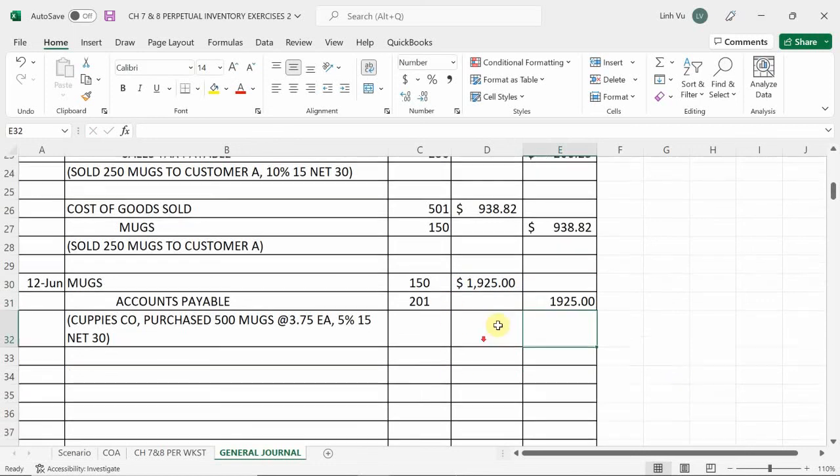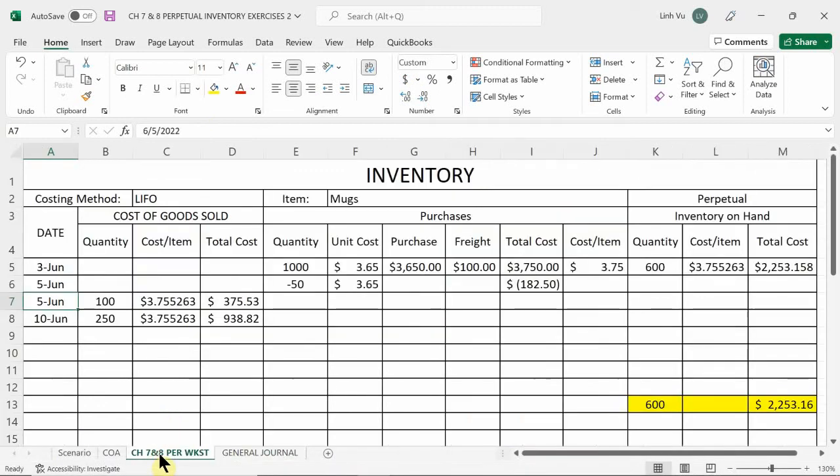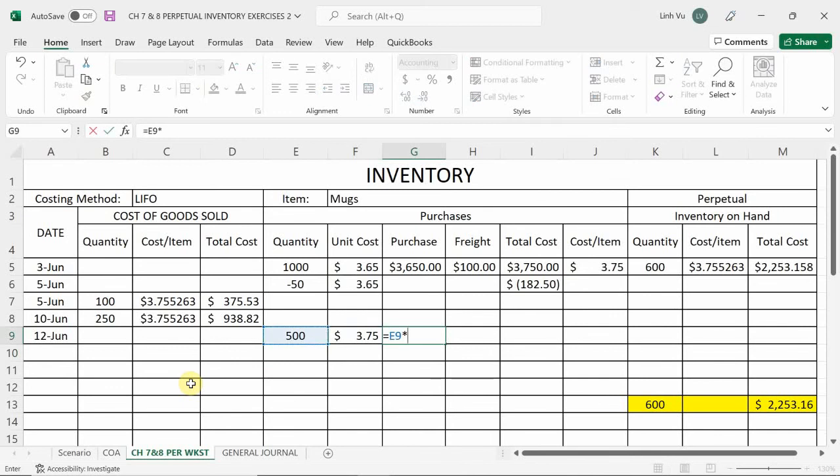So then let's go ahead and update my inventory now because now I have a second batch of inventory. 500 units at $3.75 plus 50 makes it $1925.